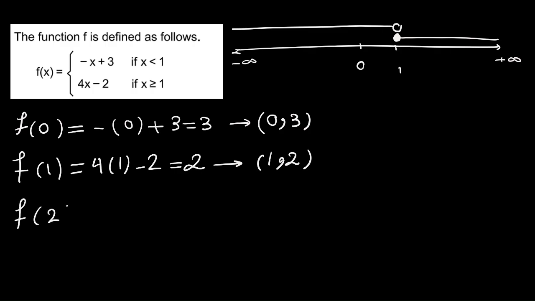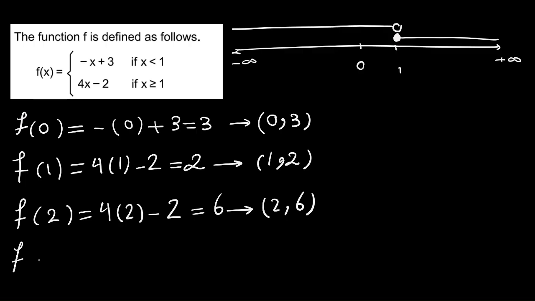What is f of 2? Again, 2 is greater than 1 and I need to use the statement 4x minus 2. 4 times 2 minus 2, so it's 8 minus 2, 6. We have the point 2 and 6 on the graph of the function.